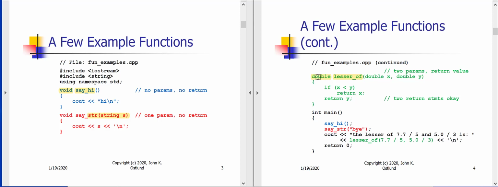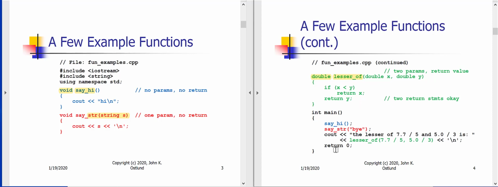Specifically, it will return the lesser of the values of these two arguments, x and y. The body is very simple. If x is less than y, we're going to return x. Otherwise, we're going to return y. It's perfectly fine in C++, by the way, for a function to have multiple return statements.